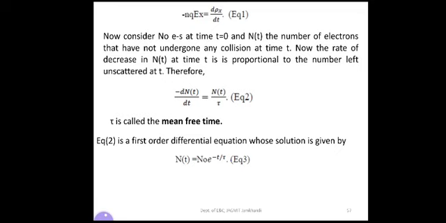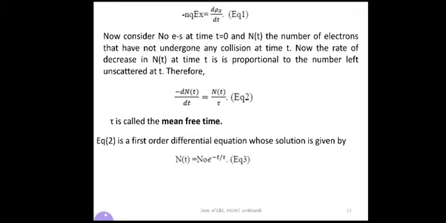Now let us consider a group of n naught electrons at time t equal to 0. That's why the n electrons is taken as n naught. Define n of t as the number of electrons that have not undergone a collision by time t.